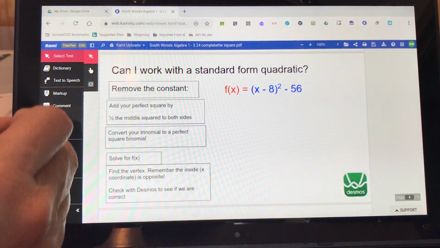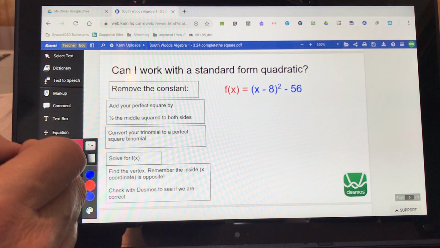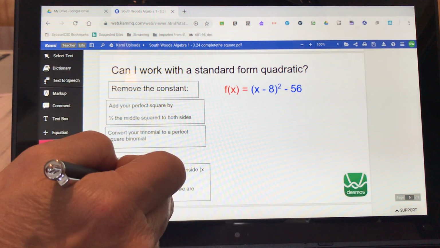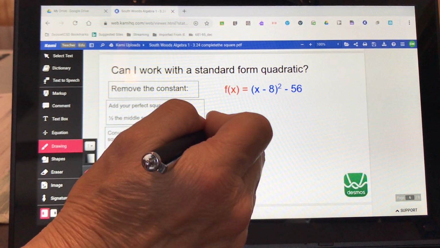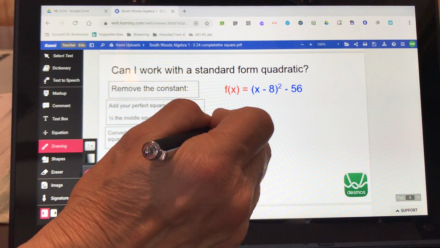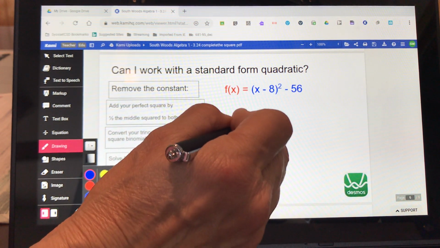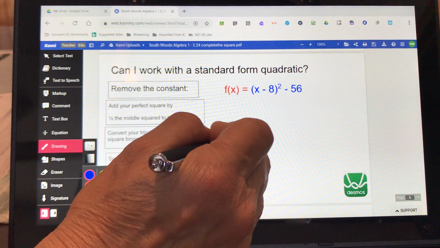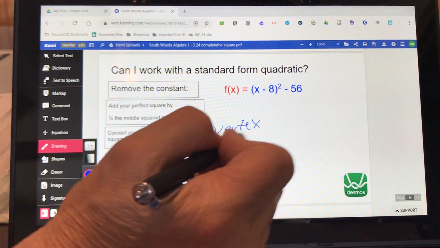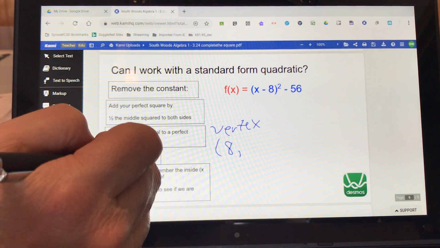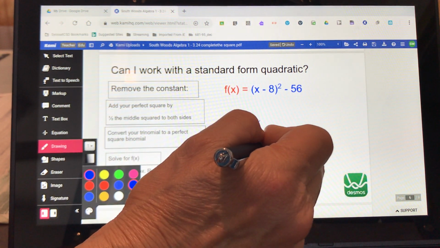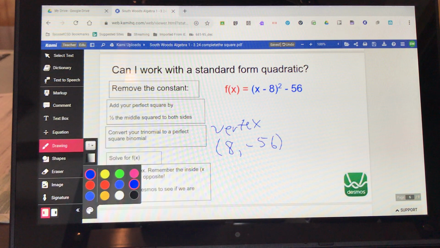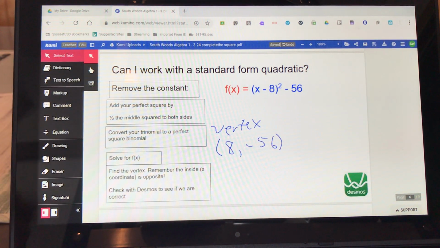So hopefully you'll see that the inside is the opposite of the x-coordinate of the vertex. So the vertex would be positive 8, and the y-coordinate is the outside, same sign, negative 56. So there's your vertex.